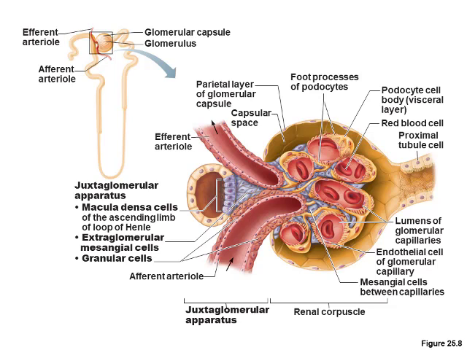Now in the wall of the afferent arteriole, only in this part, you have highly specialized cells. So these cells are here in the wall of afferent arteriole, and these special cells are called granular cells. And these granular cells secrete renin.